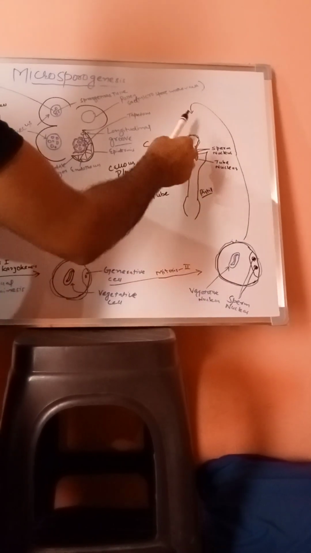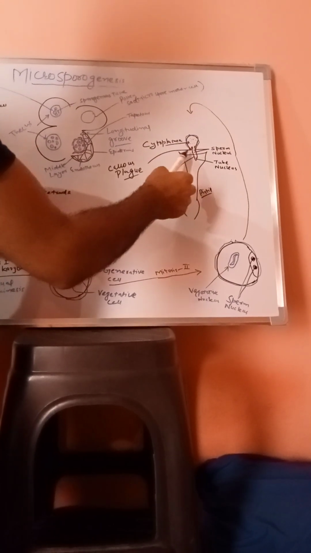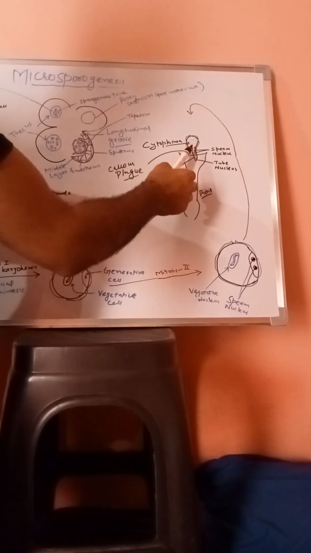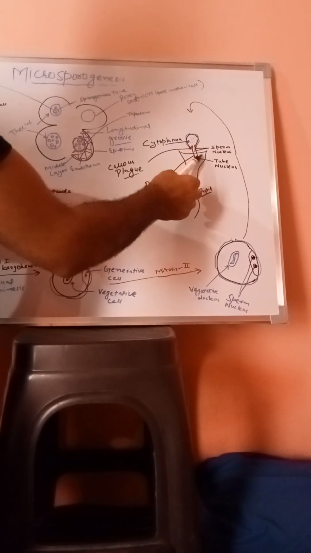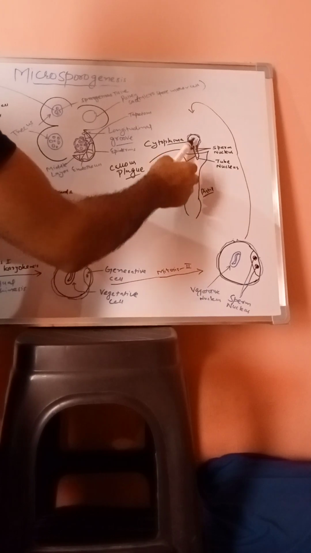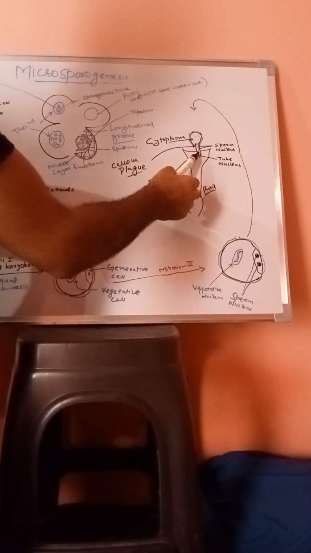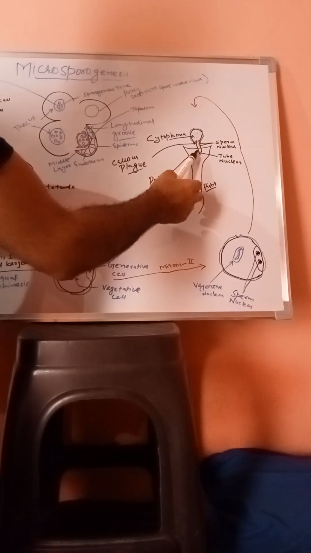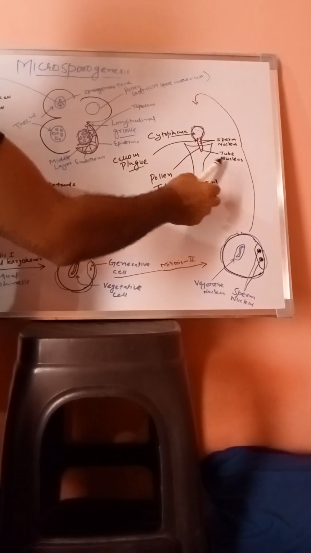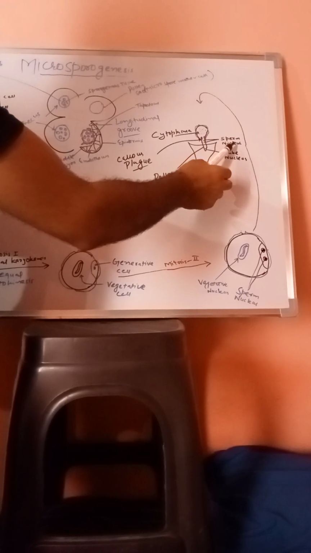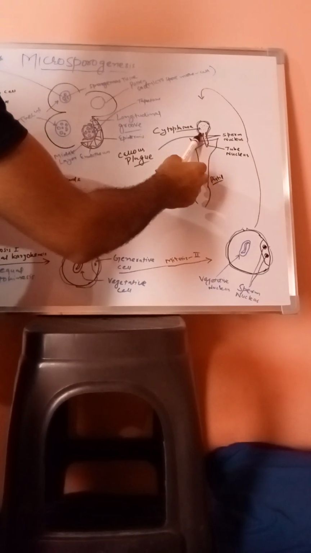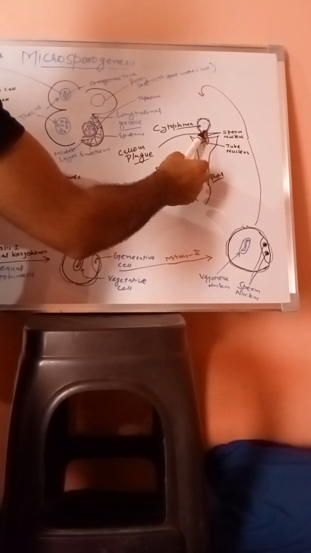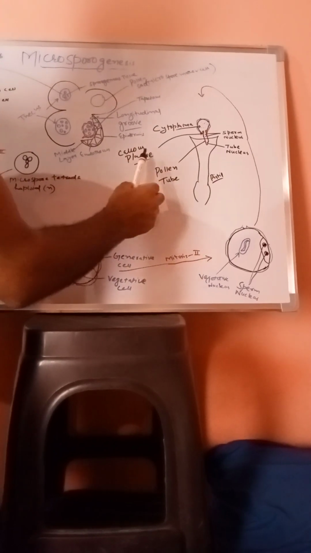The microspores come here on the stigma, and when a microspore attaches to the stigma, these reactions start. The pollen tube grows longer. The tip of the pollen tube contains the tube nucleus and two sperm nuclei, and these loop-like structures showing here are called callus plugs.